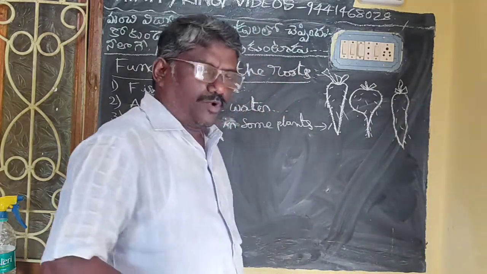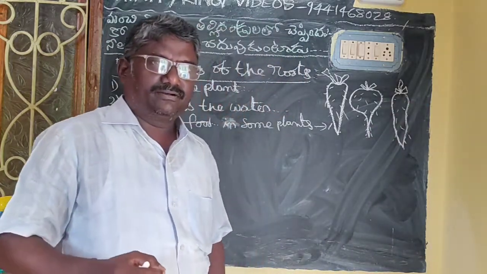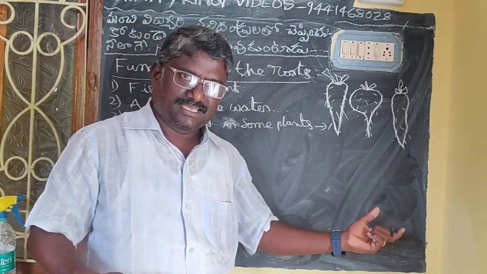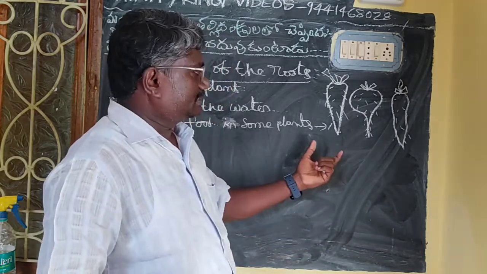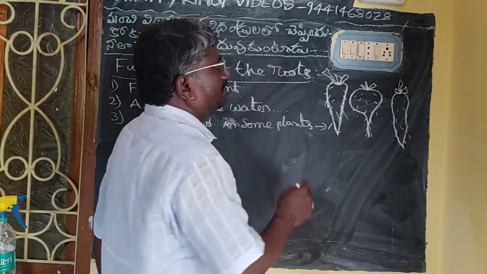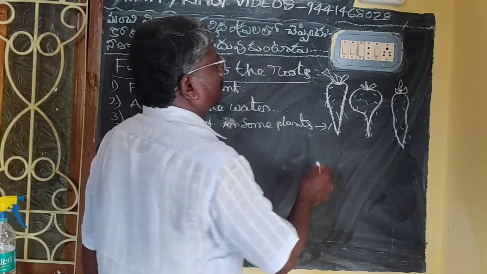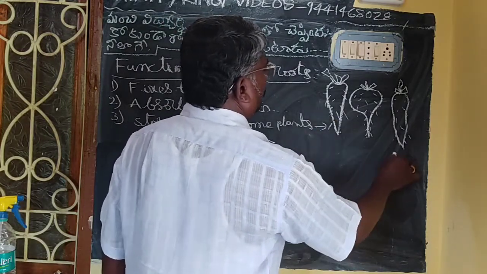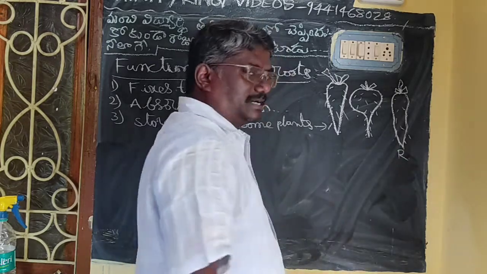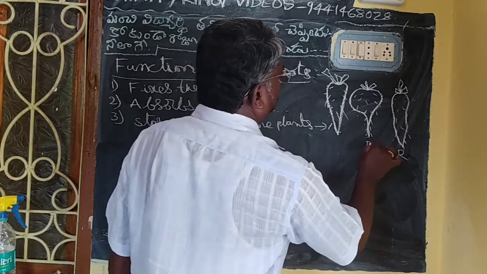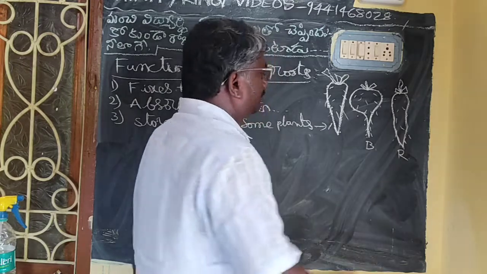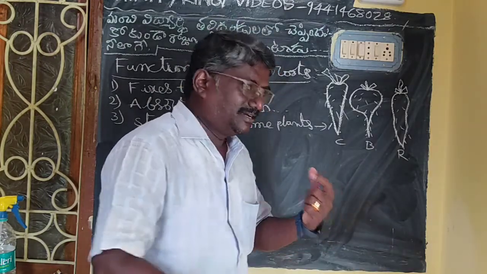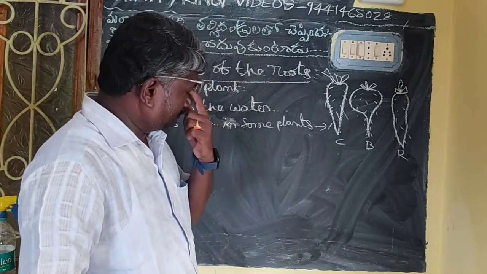So we can remember these modified roots examples as RBC. That means R, radish, B, beetroot, C, carrot. So these are the examples.